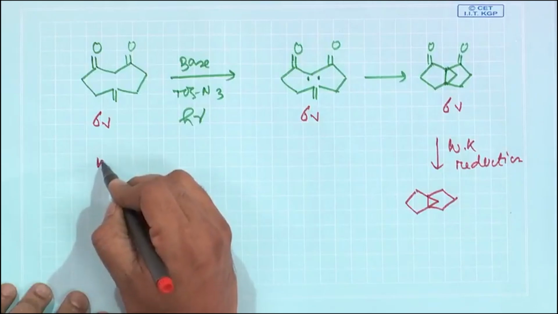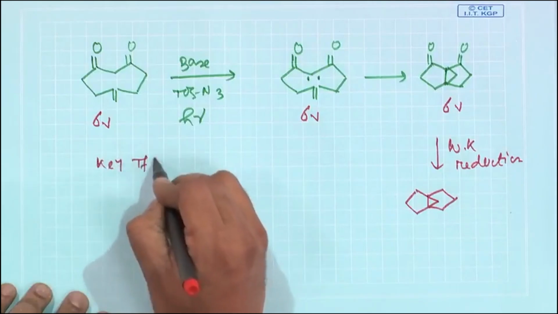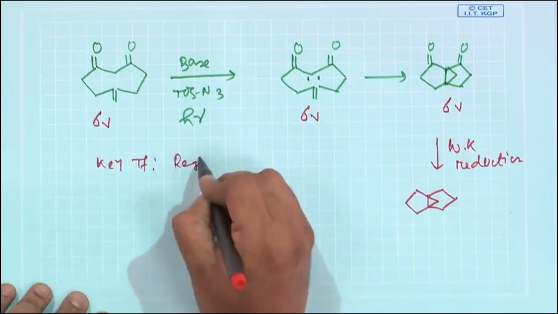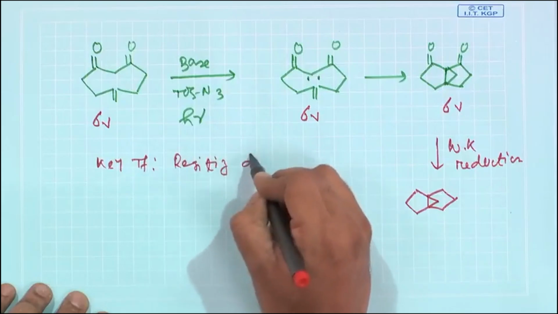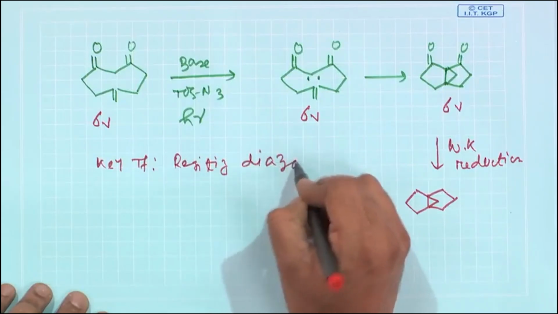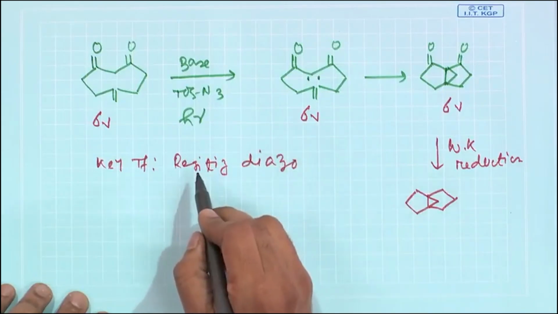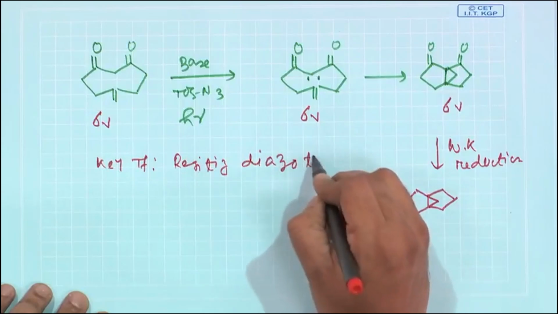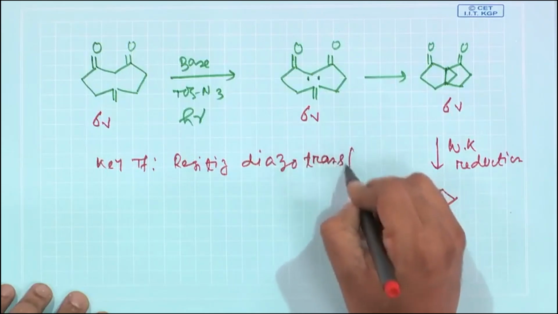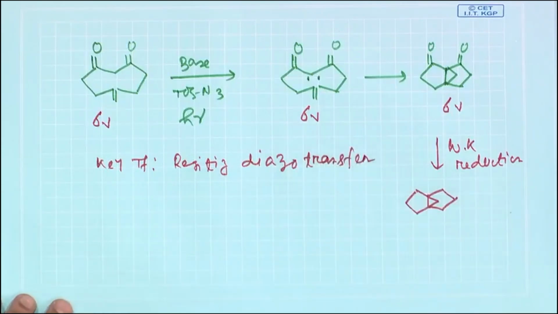The only key reaction which you have now learned is the Regitz diazo transfer, which was first invented by the scientist Regitz. It is also a very useful reaction which helps you generate a diazo species adjacent to the corresponding carbonyl group, and this diazo species of Regitz diazo transfer is very important.